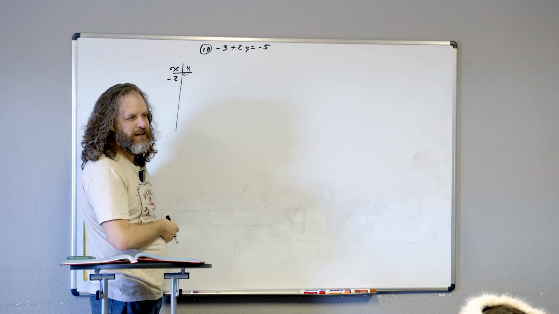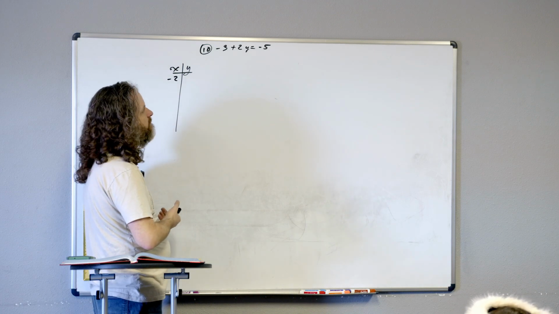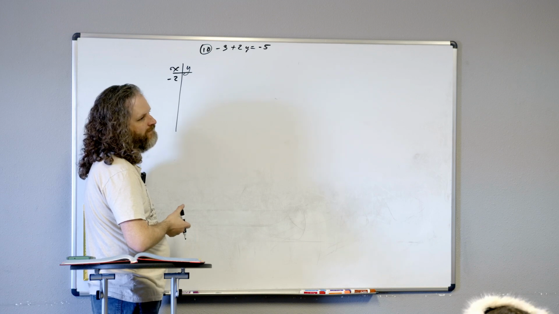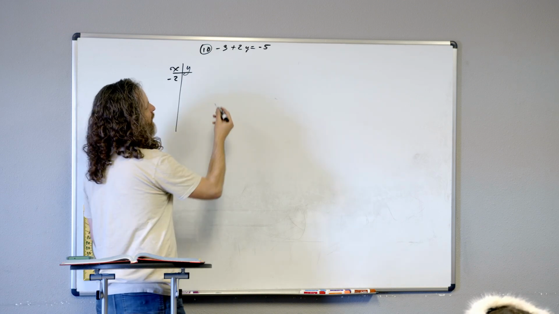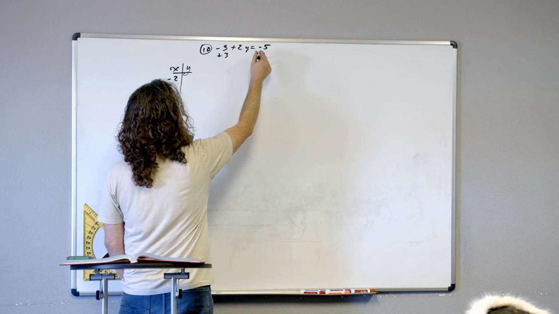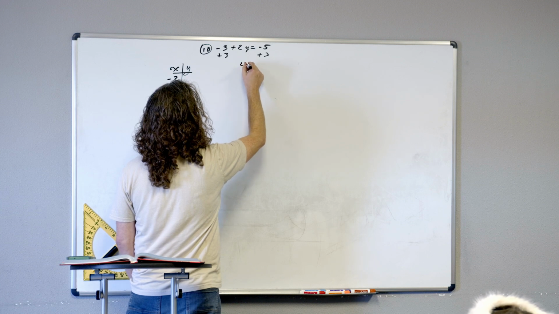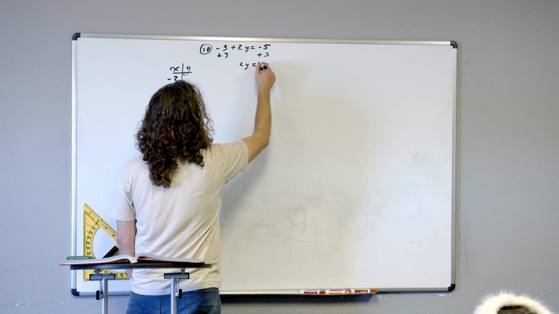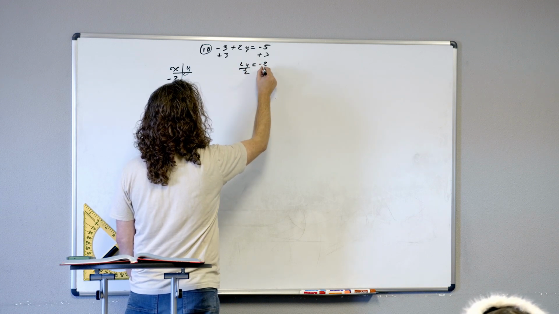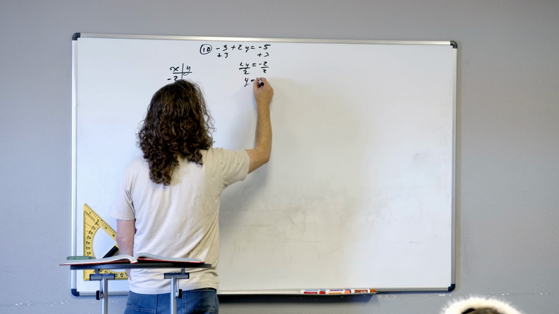Is there a place to plug it in? There's not anywhere, right? So let's add 3 and get 2y equals -2. Then let's divide by 2 and get y equals -1.